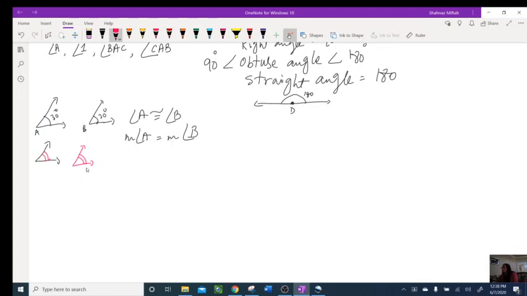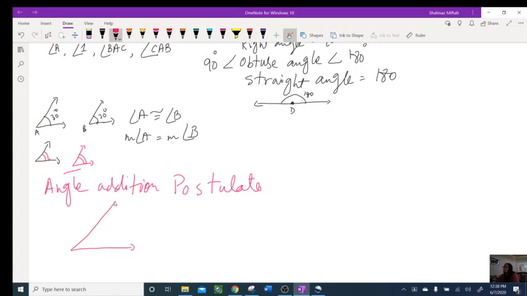angle addition postulate. Let's do that. Angle addition postulate. For example, I'm making an angle, and I have one right there.